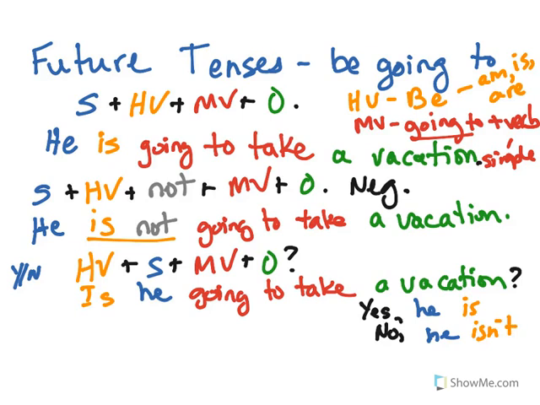In WH questions, the word order stays the same. I just add that WH word at the beginning. To start with my WH word, and helping verb, subject, main verb, and object to make my WH question. And then I get my information answer.